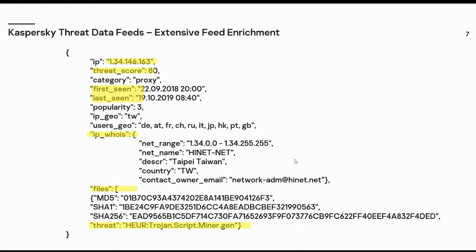So in essence, instead of just saying that a specific artifact should be treated as malicious, which might be a very good piece of intel, we incorporate some supporting information into that piece of intel, which again would help you to optimize your resources to understand if the alert coming from that piece of intel should be treated as urgent or something that can wait a little bit until an urgent one is treated. So this is the kind of information that, at least for us, we would include into the threat data feeds and the intelligence that we push to our clients.